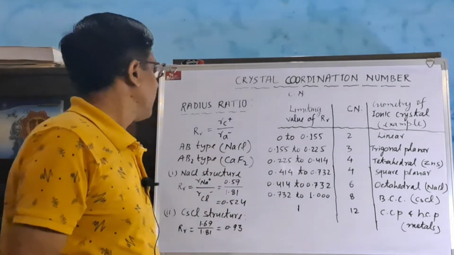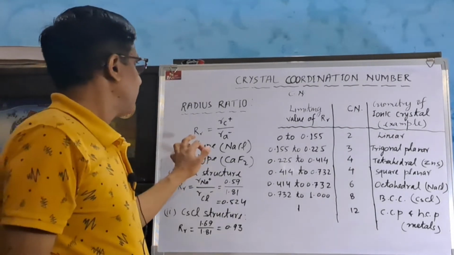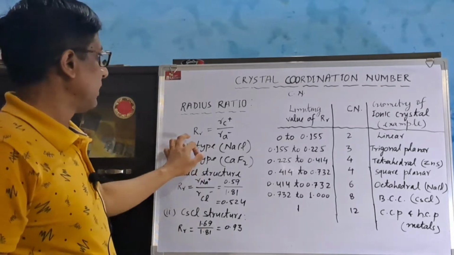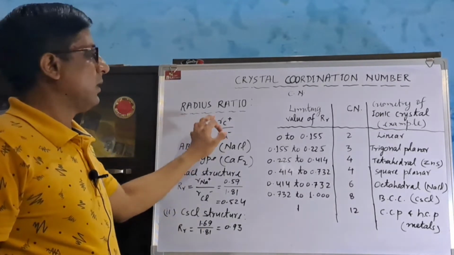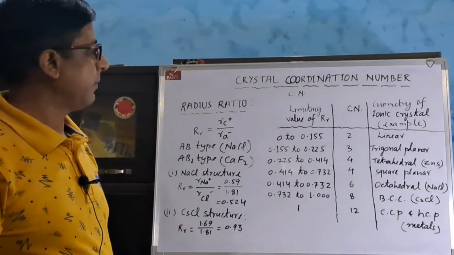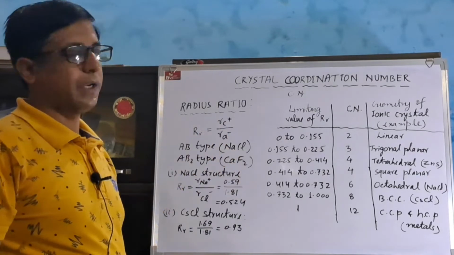Now, the radius ratio. What is radius ratio? Radius ratio is represented by RR. It is defined as the ratio of the radius of cation to the radius of anion.